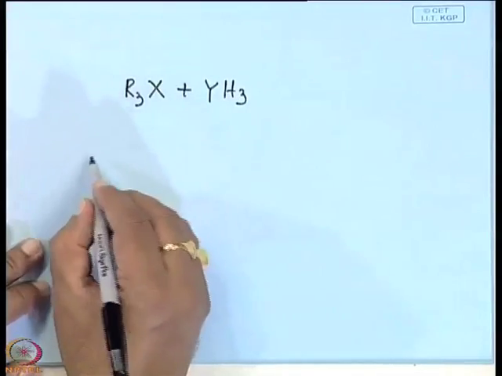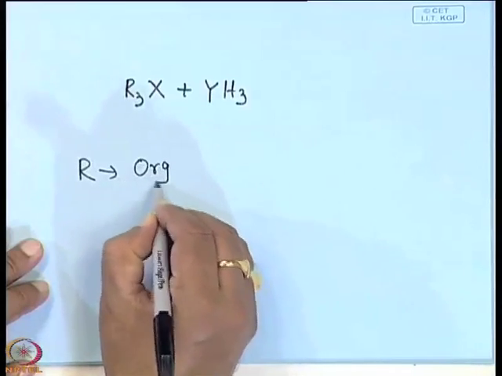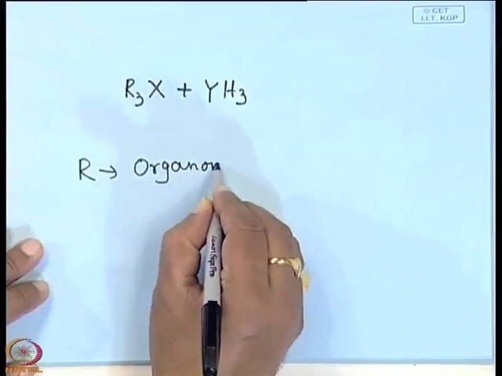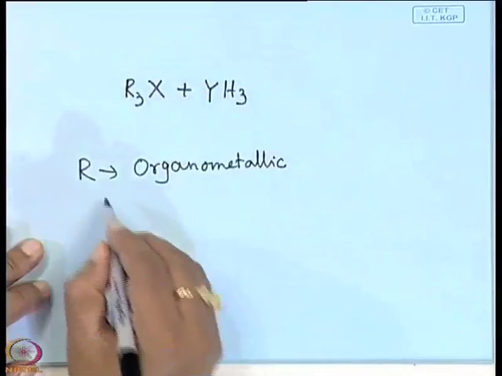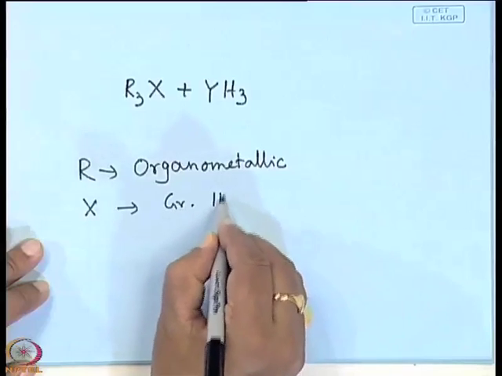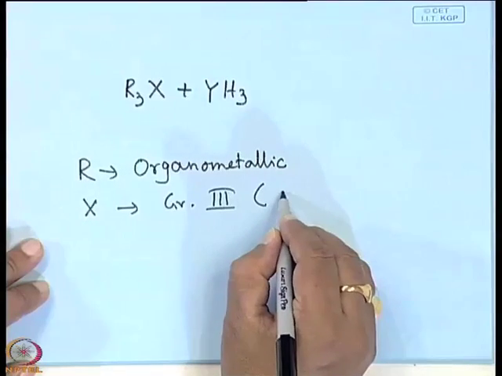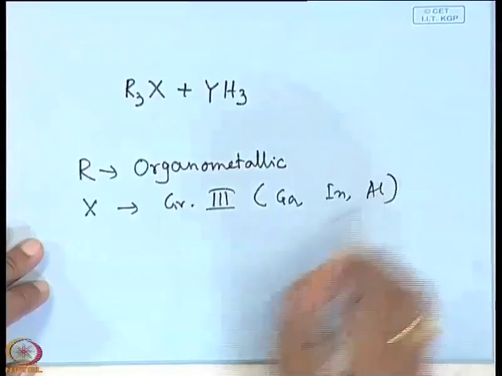What is R? R is an organometallic compound. What is X? X is a group 3 element, that means gallium, indium, aluminum, etc.